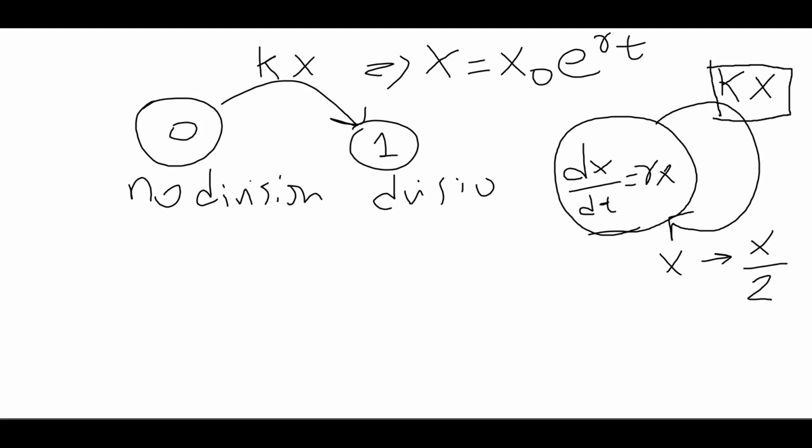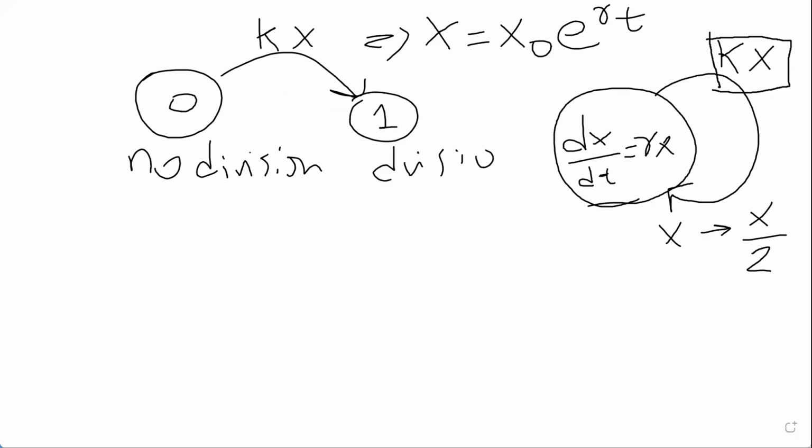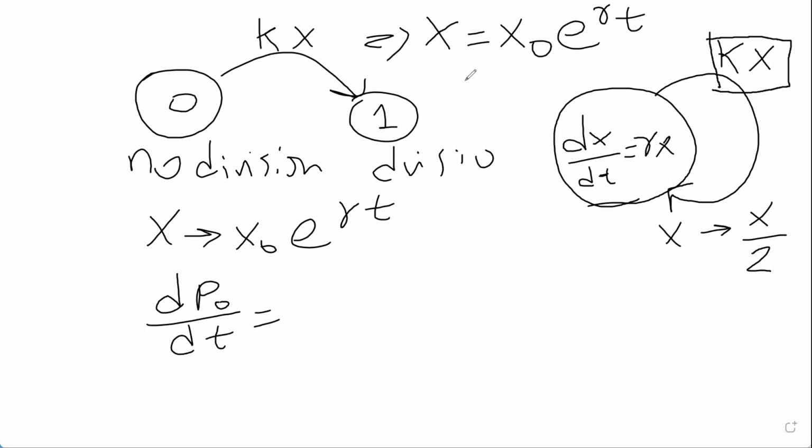So here comes the tricky part, so be vigilant. If X is growing like this, my master equation is dp0 over dt equal to minus k x0 e to the gamma t times p0.